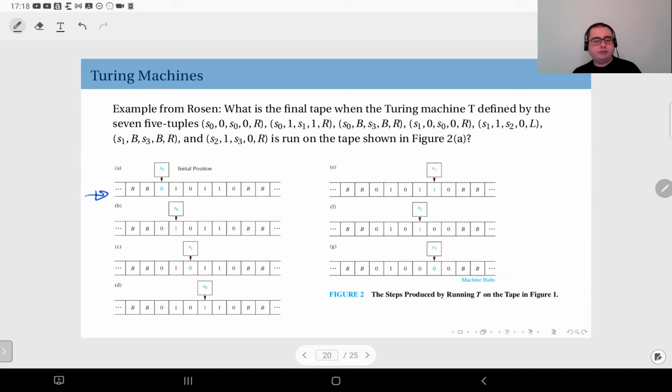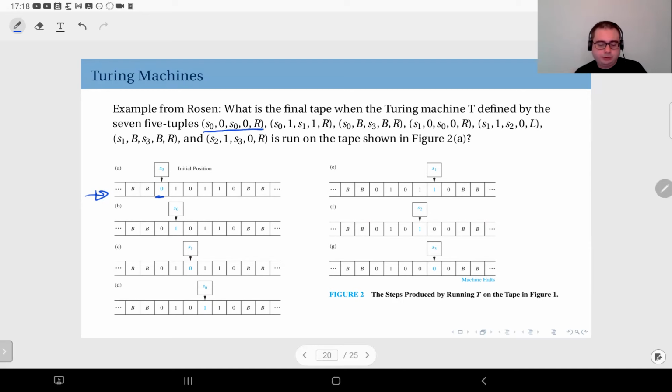As you recall, we start from the leftmost non-blank symbol, so that is the 0 here, and S0 is the initial state. My state here is S0 along with the input symbol 0. So I'm going to look in my five-tuples, or quintuples, for the configuration S0 and 0. So here it is.